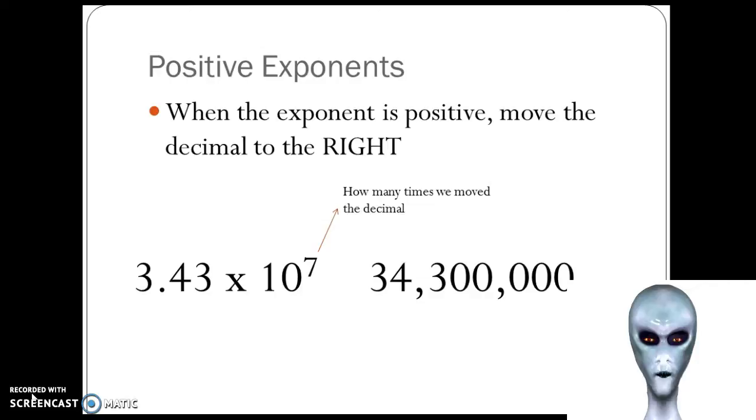So for example, 3.43, the decimal would be located here. I'm going to move it to the right 1, 2, 3, 4, 5, 6, 7 times. So 3.43 times 10 to the 7th is the same as 34,300,000. And I'll show you, when we move the decimal, we use zeros as placeholders.